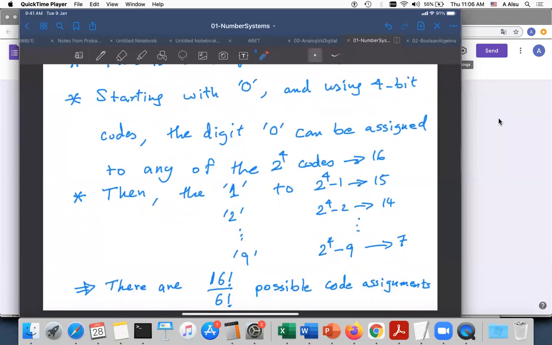This is exactly how many possible code assignments there are, which is way more than what we saw in the examples. Any question about this?